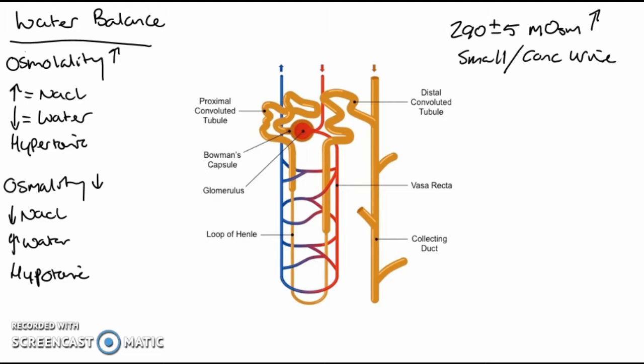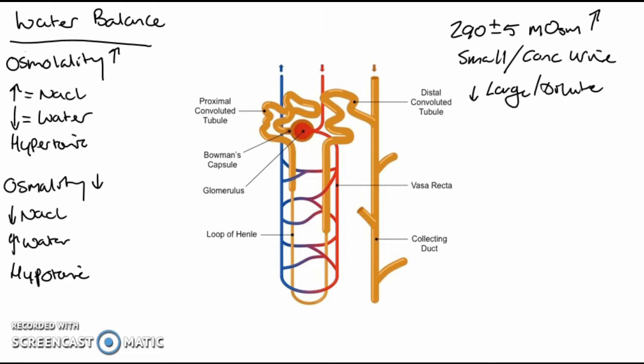If it goes below this, then it will make large quantities of dilute urine. And by making large quantities of dilute urine, it is going to decrease the water content of the plasma, therefore bringing the homeostatic set point back down towards 290 milliosmoles.